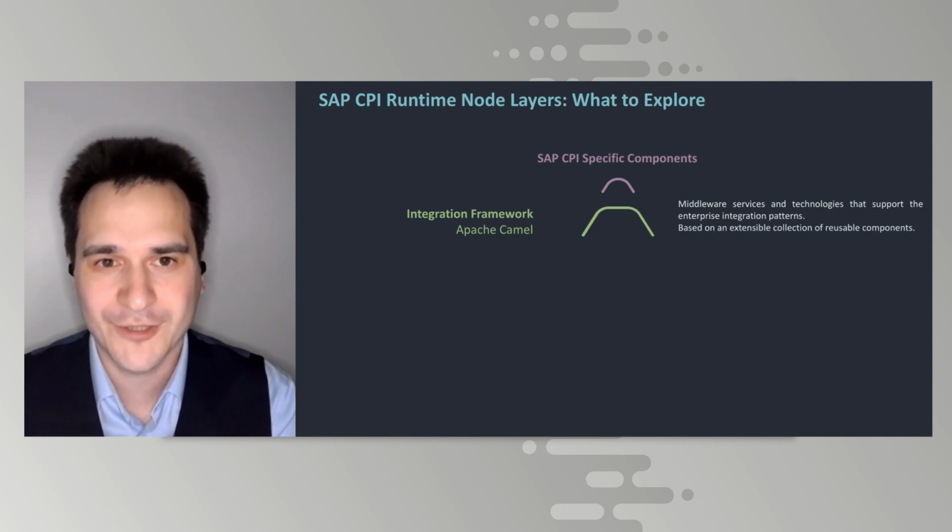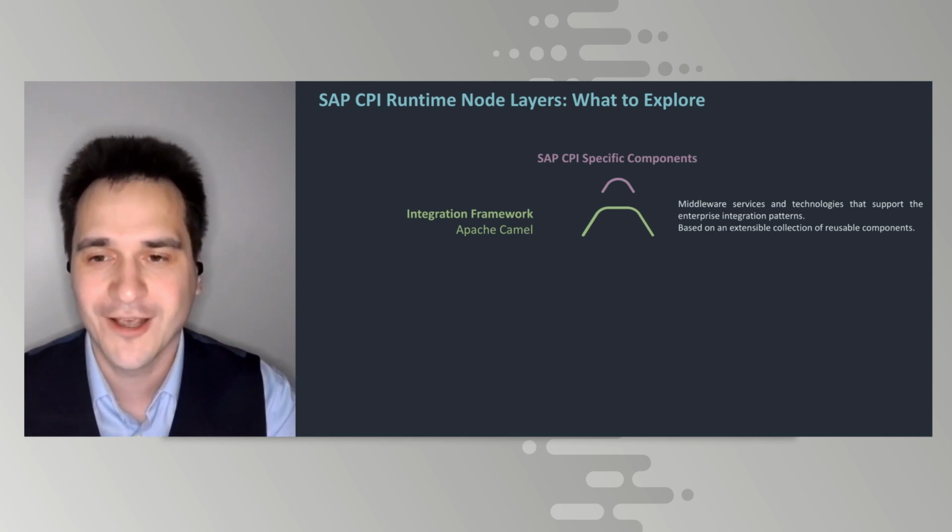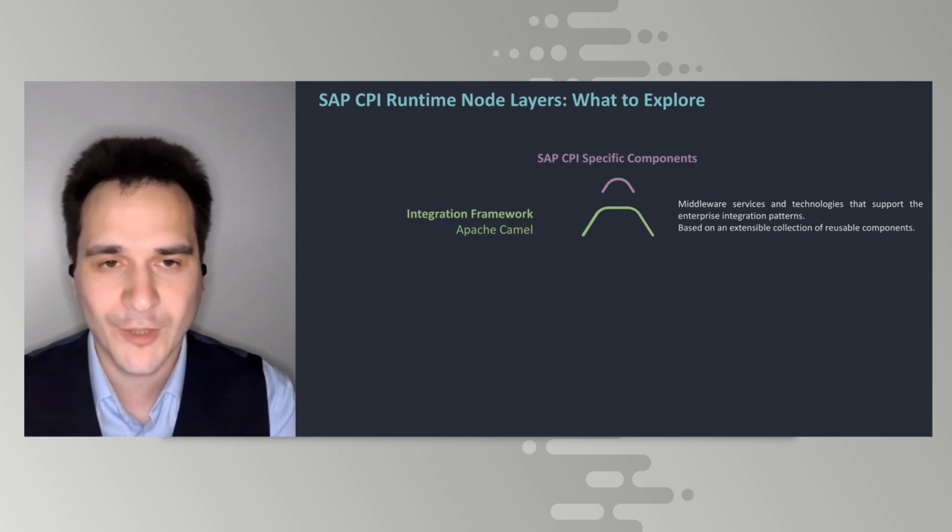Everything which gets developed in integration flows gets converted into so-called Camel routes. Those are routes which define the integration paths that messages come through. In CPI, the integration framework of choice is Apache Camel, and that's definitely worth a deep dive.